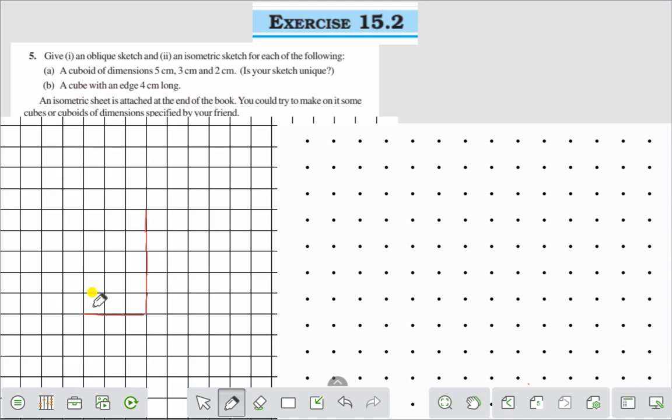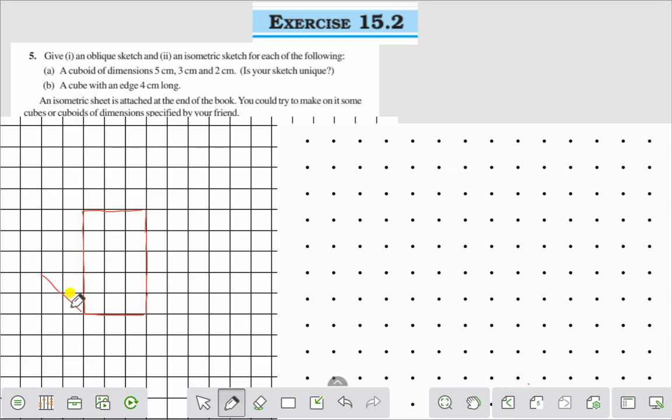You also take the height as 5 cm, and this is 3 cm. Now we'll take 2 cm in this direction, that is 1, 2.